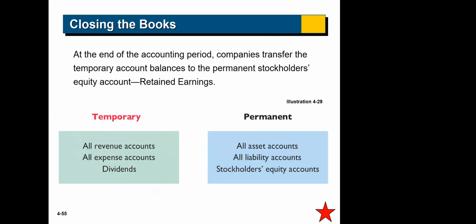So at the end of the year, 5,000 times 12 is what? I don't do math in my head. $60,000. So at the end of the year, their salaries and wage expense would show $60,000.